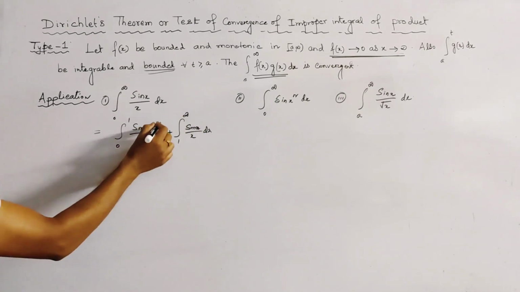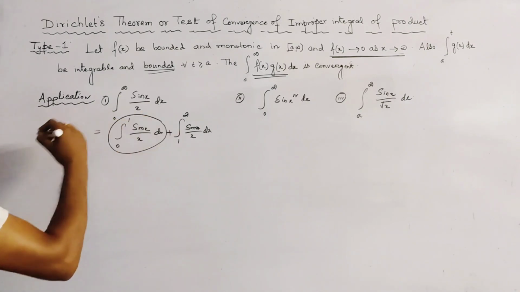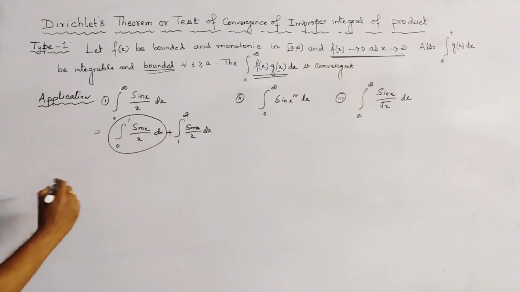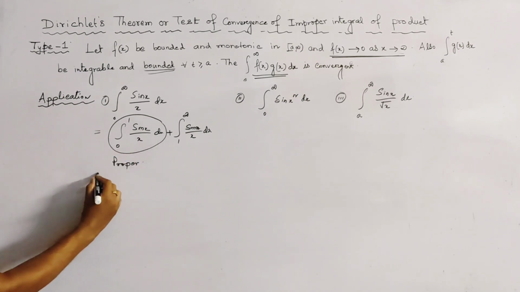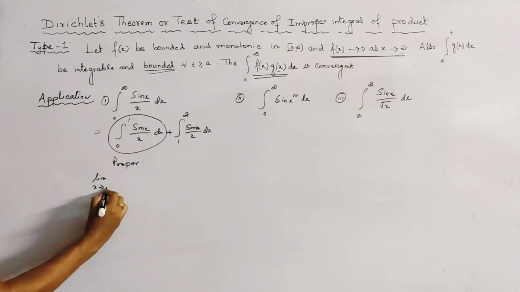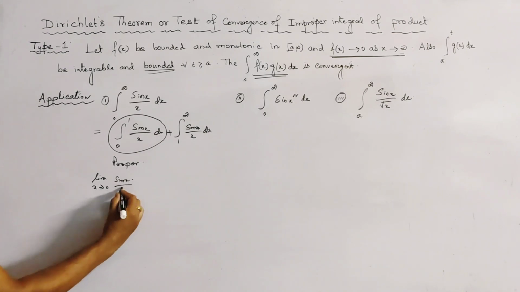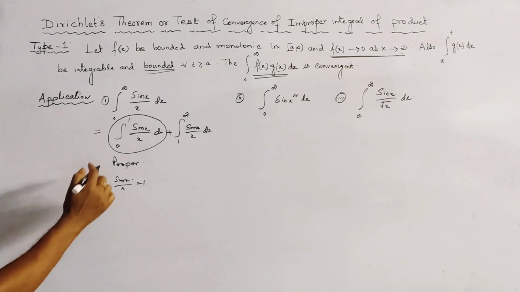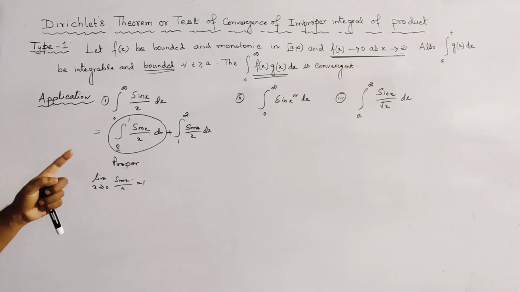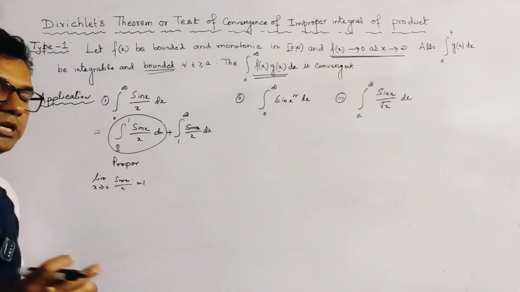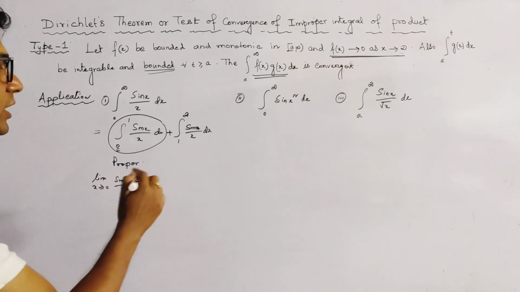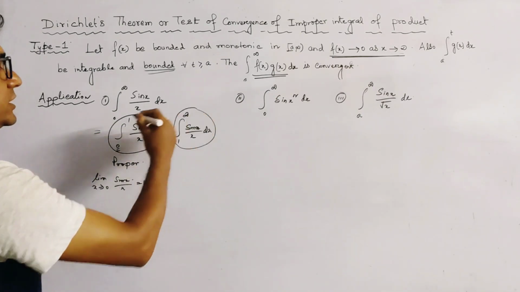Now the first integration 0 to 1 is a proper integration. Why proper? Because we know that limit x tends to 0 of sin x by x is equal to 1. So 0 is not a point of infinite discontinuity and 1 is obviously not a point of infinite discontinuity, so this is proper. Now we have to test only the second integration.